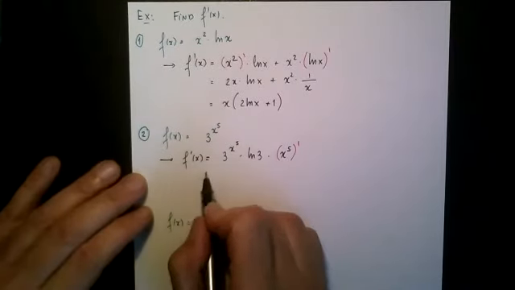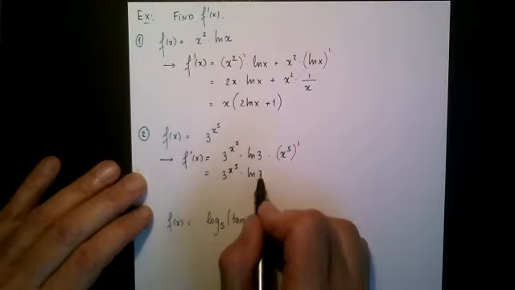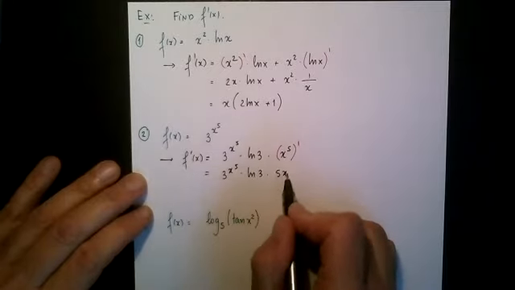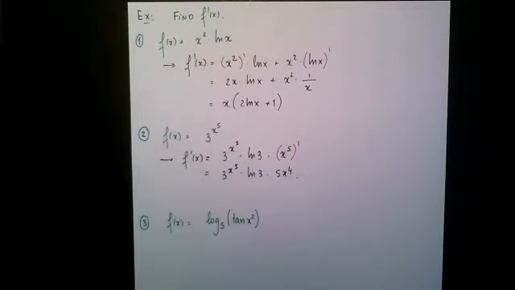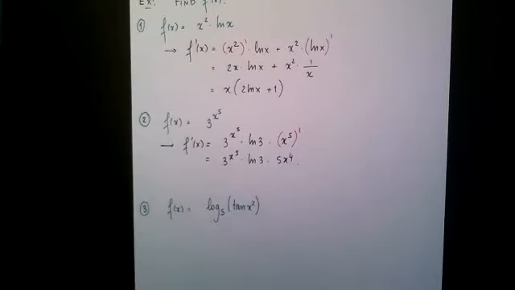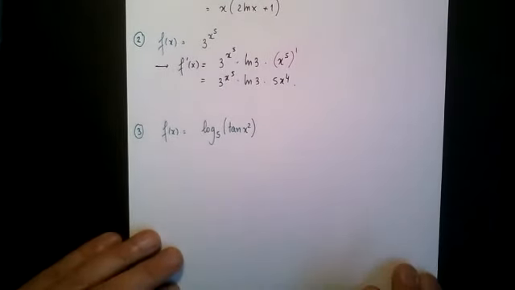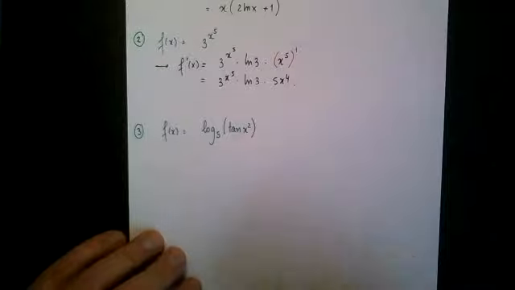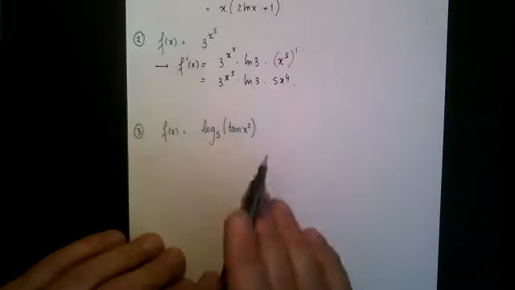And that's it. The rest is easy. So 3 power x5 times ln of 3 times 5x4. That's my answer. Like ln of 3, we leave it like that, we don't evaluate this? No, you don't need to. I prefer this. I don't want decimals.